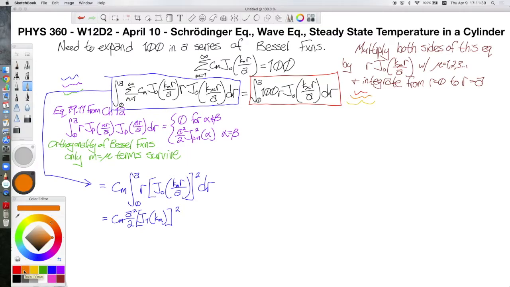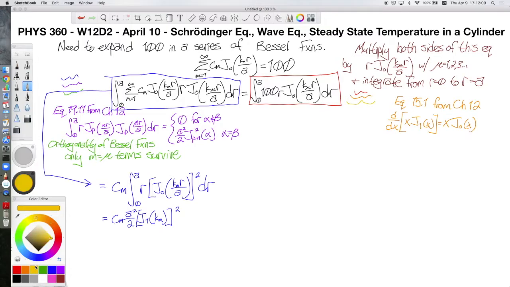For the right-hand side of our equation, we're also going to be using an equation from a section we didn't get to in Chapter 12, and that is equation 15.1 from Chapter 12. That equation states that the derivative with respect to x of x times J_1 of x equals x times J_0 of x. This is a recursion relation.